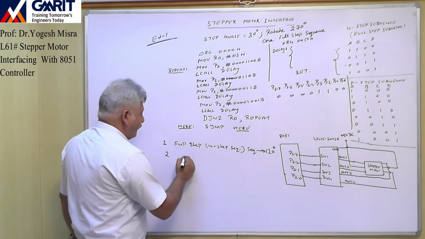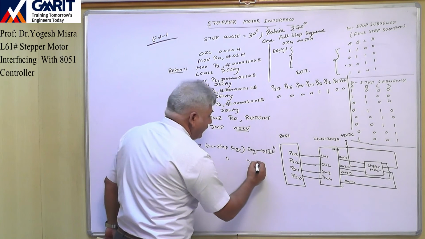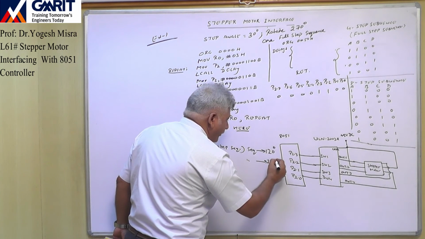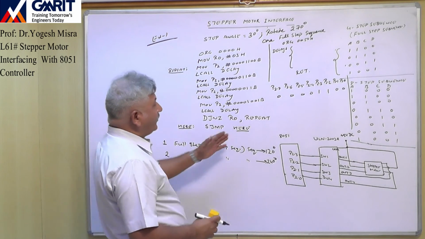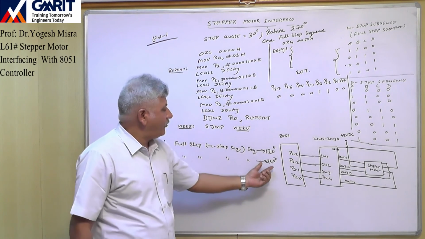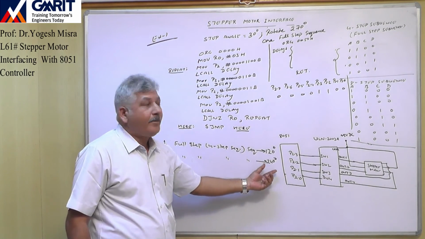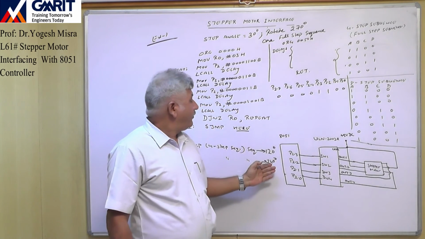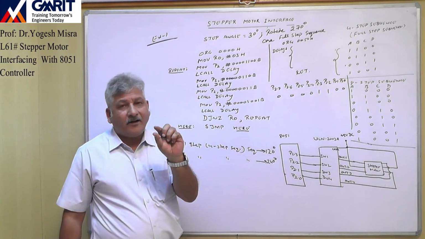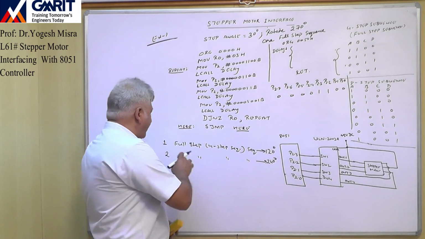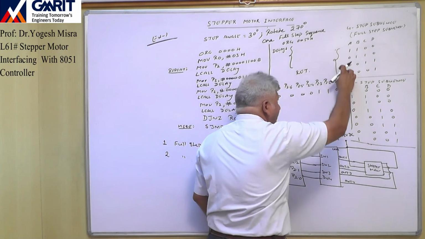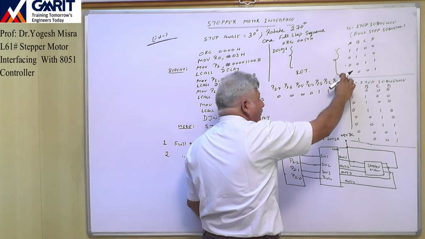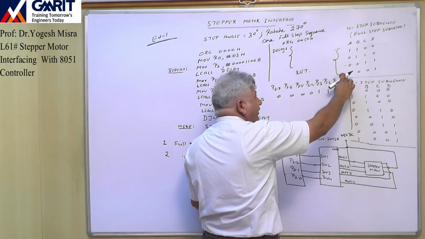Now 2 full step sequences will rotate the motor by another 120, meaning 240 degrees. So 2 full step sequences are required to rotate the motor by 240 degrees. But we require another 30 degrees, right? Then the second full step sequence is completed, and the motor has rotated 240 degrees.